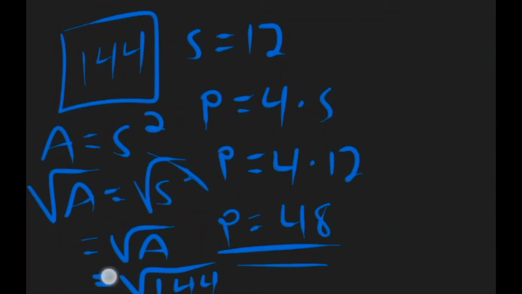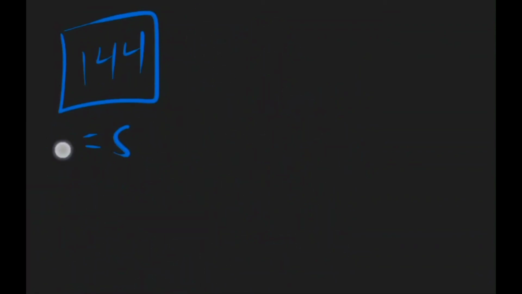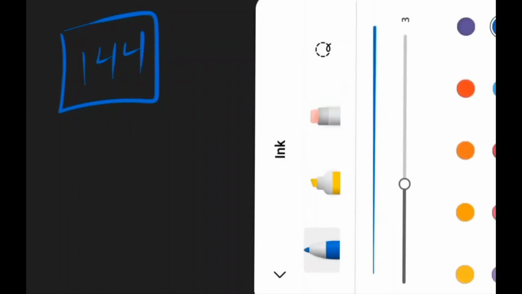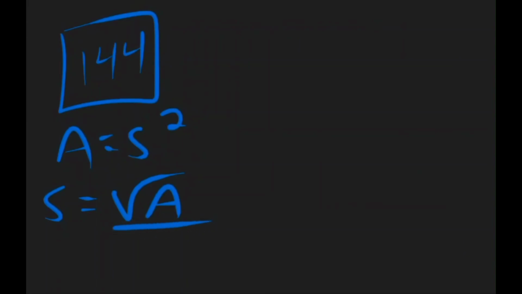Again, I'll run you through how to do it when you combine the equations together. So if the area equals 144, and our equation area equals side squared, we solve for the side, which equals the square root of the area, we'll combine that into the equation for the perimeter.